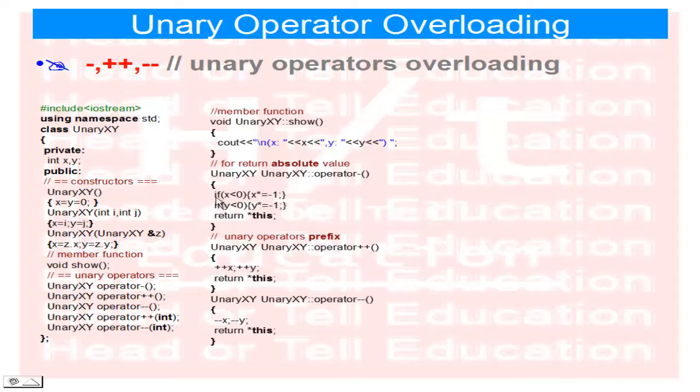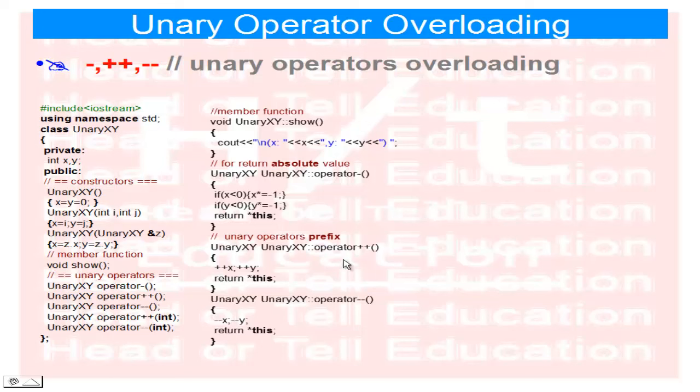Okay, so here I am checking if x is less than 0, it is multiplied by minus 1, and if y is less than 0, it is multiplied by minus 1, and return *this. Okay, so this is the pointer of the current object, and star this is the value, so return of this value.